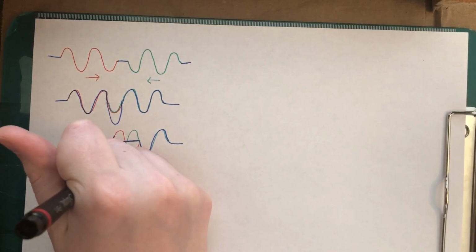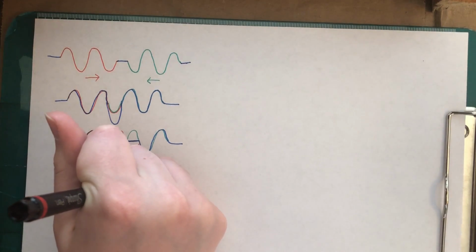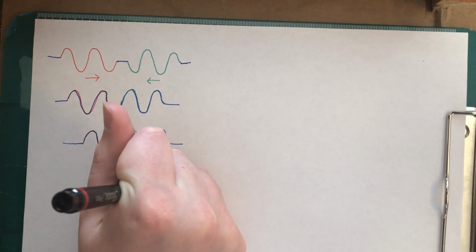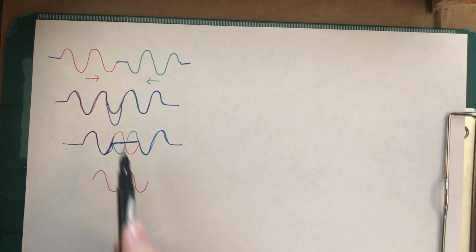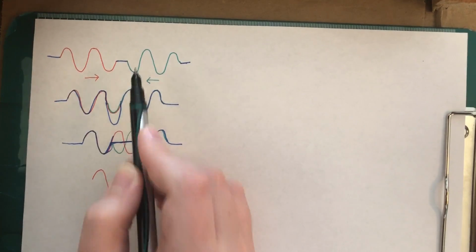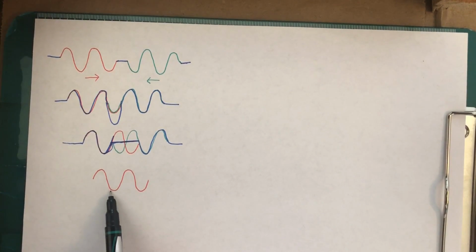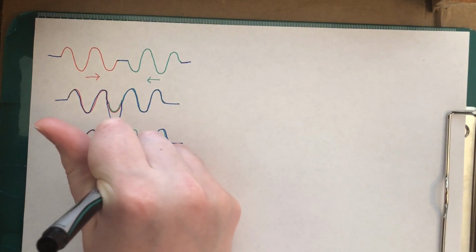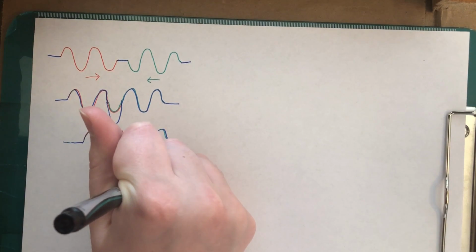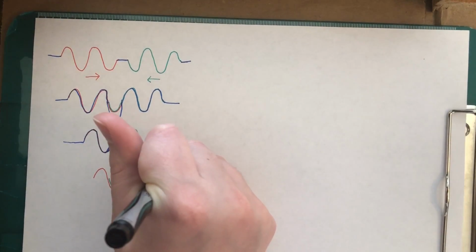So I'm going to draw this same shape again for the red wave. And then the green wave, this first trough of the green wave was lined up here. I'm going to move it over a little bit more and put it here. Okay.